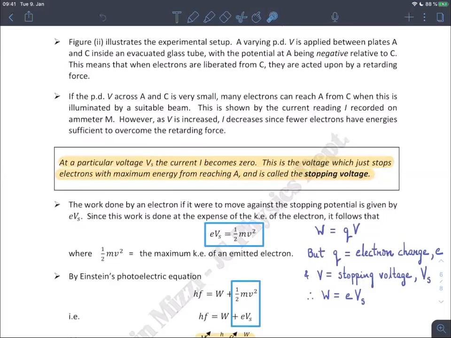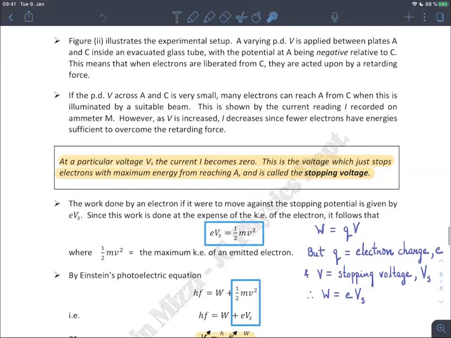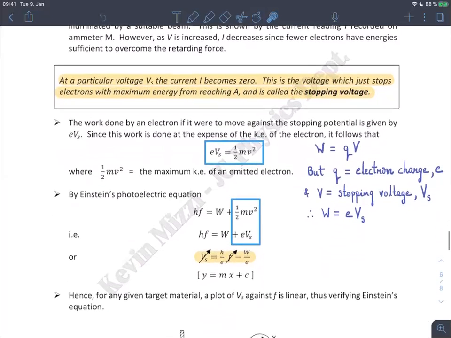Now, the work done in moving a charge Q across a voltage V is QV.